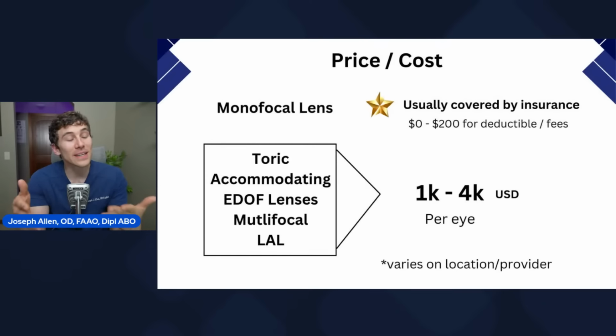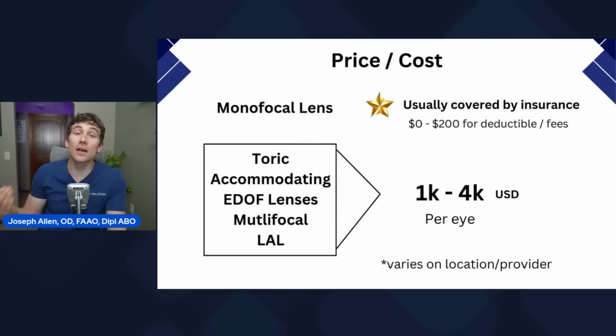And a lot of that price range does depend on the type of lens that's being put in. This also can vary based on location and the provider. But just to have a general ballpark of what it may cost you out of pocket to have that upgraded experience and have this freedom from having to rely on glasses as much, that's the ballpark of what you would pay, at least here in the United States.